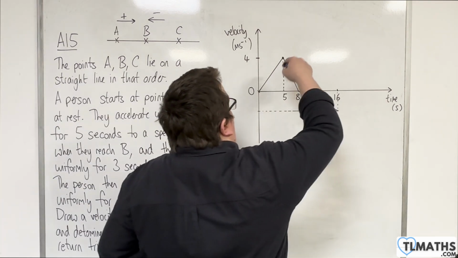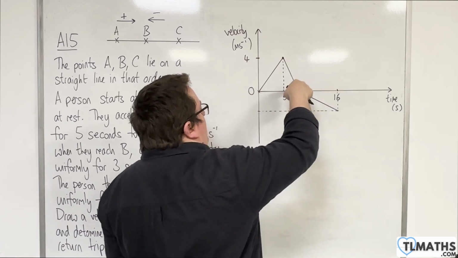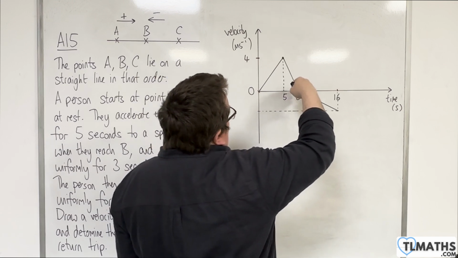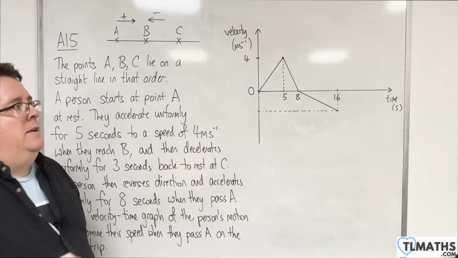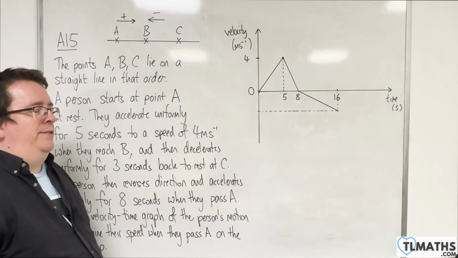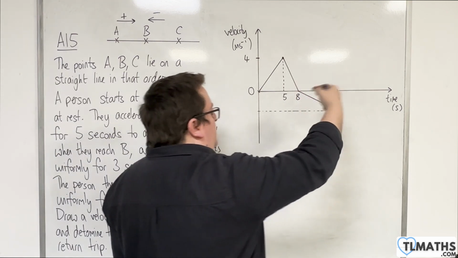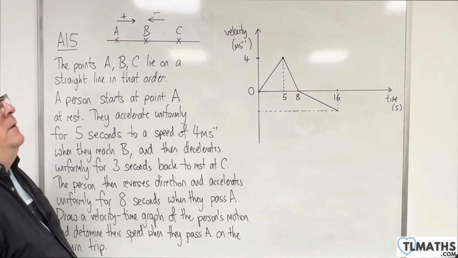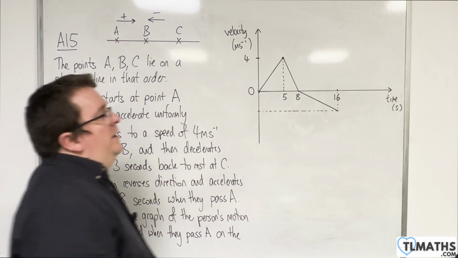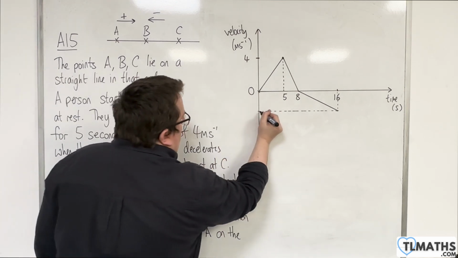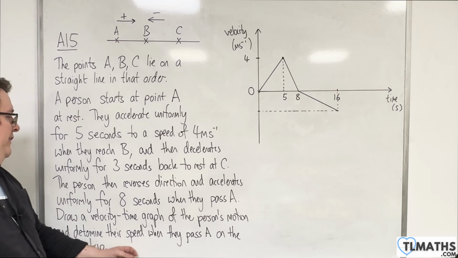At this point, they reached a stop. So we're at rest again at 8 seconds. Once you're on a velocity time graph and you're going in the downward direction, that means you're now accelerating in the negative direction, getting faster and faster, going in that direction. And we know that we reach point A after 8 seconds. The only thing I don't know is how fast I'm actually going when I reach point A again. That's this last bit of the question.